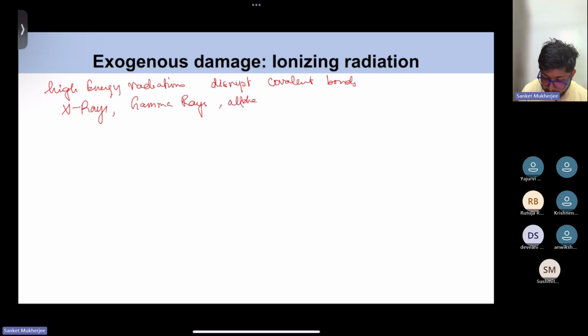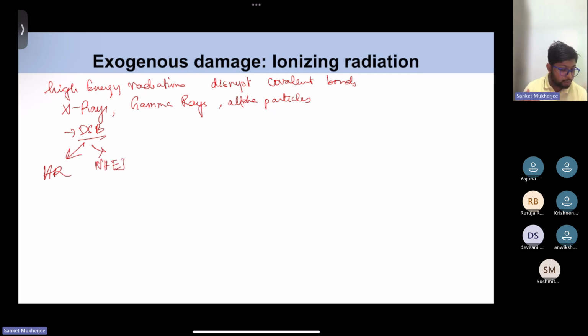You know about these. These are ionizing radiation, which can damage DNA. They usually cause double-stranded breaks, right? And double-stranded break is one of the most common forms of DNA damage. It is either repaired through homologous recombination or non-homologous end joining. We will talk about it later.